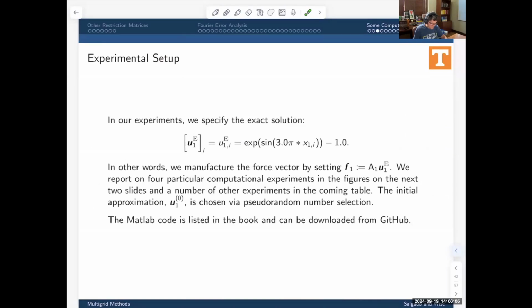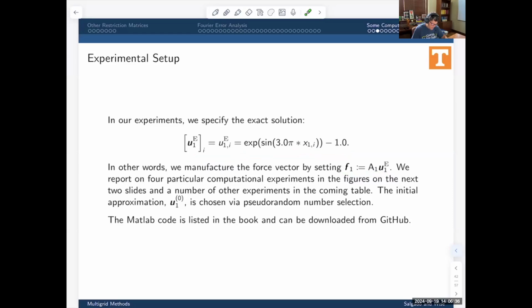In this case, we're going to assume that we know what the exact solution is, and we're going to manufacture a right-hand side vector, f1, by multiplying A1 times the true solution. So we assume we have a true solution, multiply by the stiffness matrix, and that gives us a candidate f1. So now we know what the true solution of this problem is.